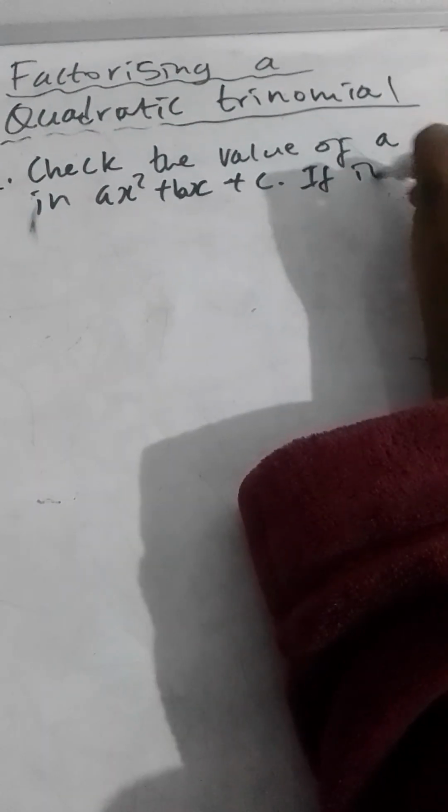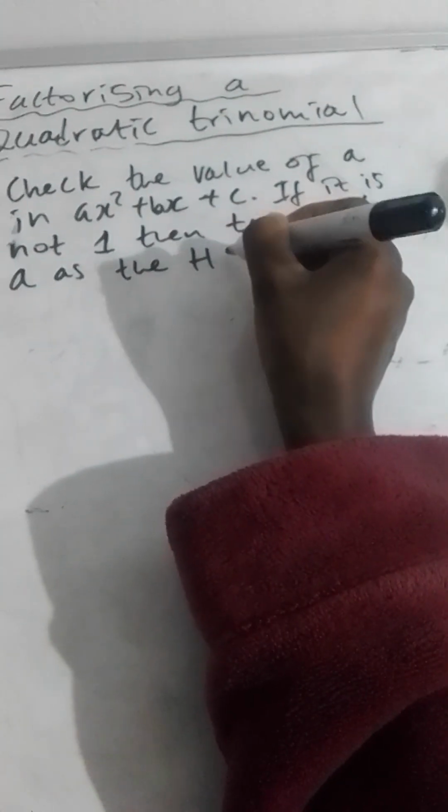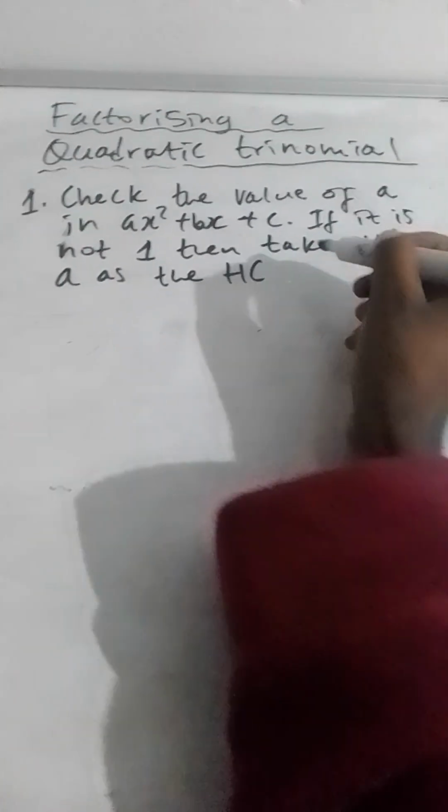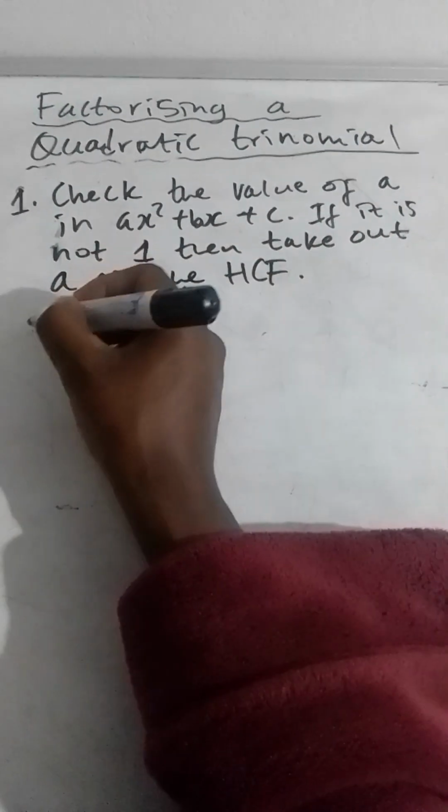If it is not 1, then take out a as the highest common factor, HCF, right? Otherwise, you just leave it as is.